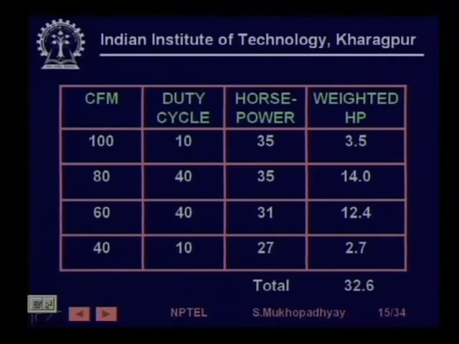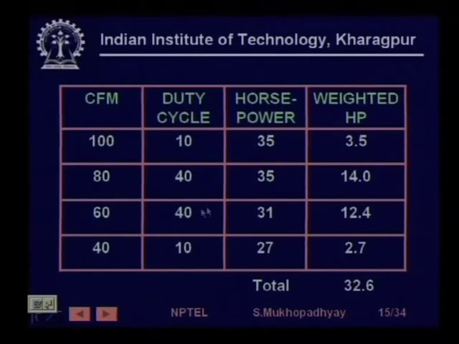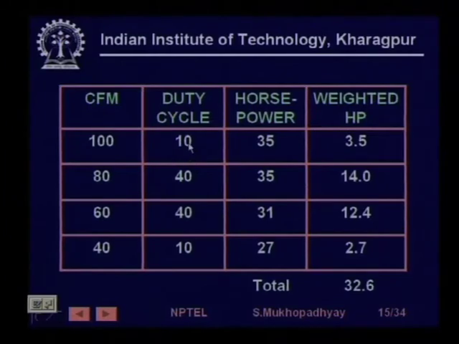We will see how it comes to 35 from those curves. If you have 80%, the horsepower requirement is also 35, hardly any reduction. If you have 60%, it falls to 31, if you have 40%, it falls to 27. And from the load characteristics, we have seen that 100% load stays 10% of the time.